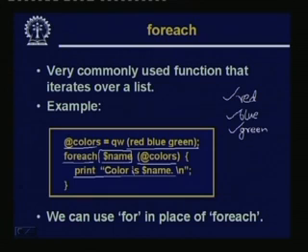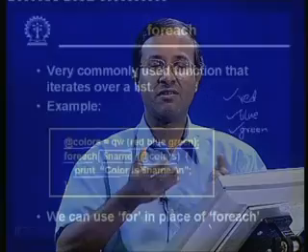Now, the thing to note is that although for and for each have been mentioned as 2 separate constructs or commands, you can use them interchangeably. For you can use here, for each you can use in the previous case, but some of the PERL authors have provided some guidelines that you better use for those kind of application where you are counting the number of iterations, like in conventional for loops.